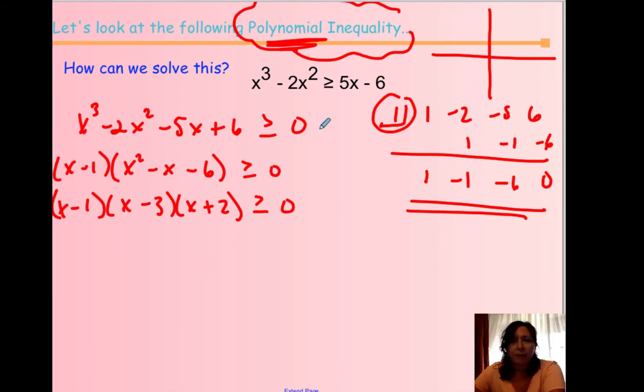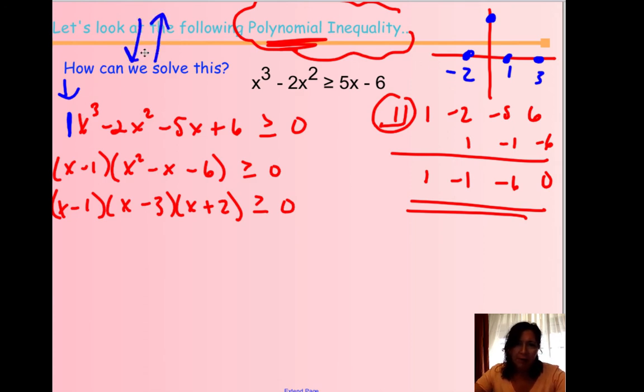So for example, if I were graphing this, I know my y-intercept is positive 6, that's up here. I know my roots are going to be 1, positive 3, here's 3, here's 1, and -2. And then I know it's a cubic. I know it's a positive cubic, so I know my end behavior is up right, down left.